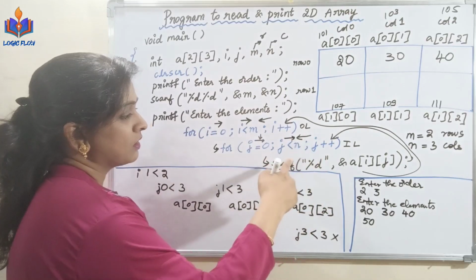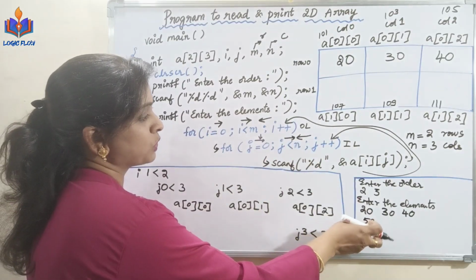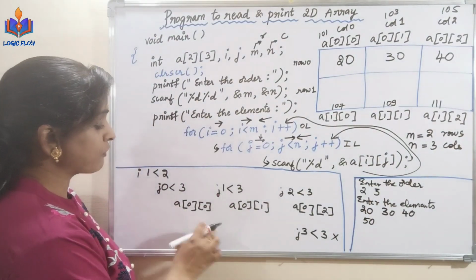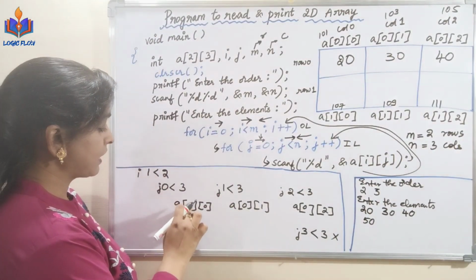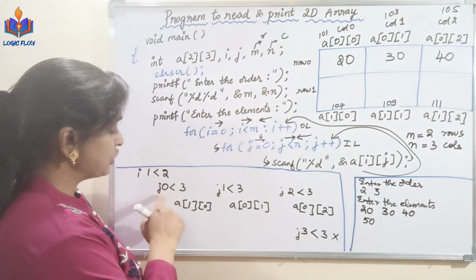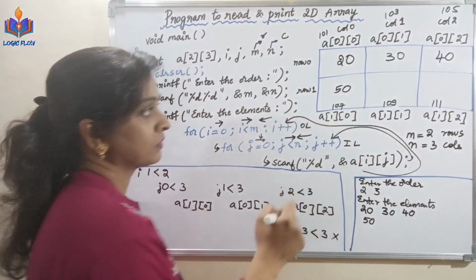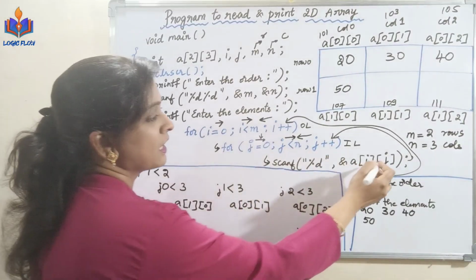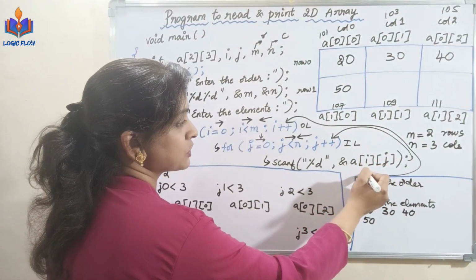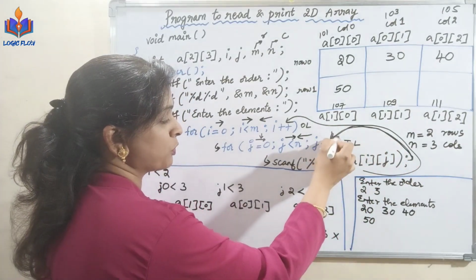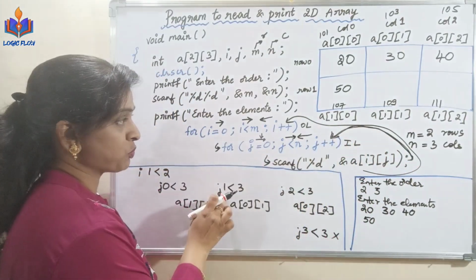Now here, this value has to go to the address of a of ij. So what is a of ij? i is 1, j is 0, so 1, 0. My next value will go there. Next, again inner loop progress. The control will go to the inner loop. j gets increased, j becomes 1.